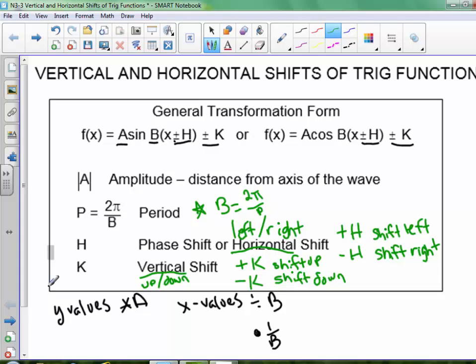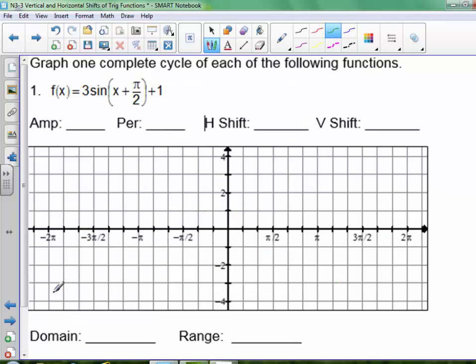Okay? All right, let's take a look at our first problem. We are to graph one complete cycle of the sine graph. This one will be 3 sine of x plus pi over 2, plus 1. Okay, so we take it apart. Amplitude comes from A, so this would be the absolute value of 3, which is 3.